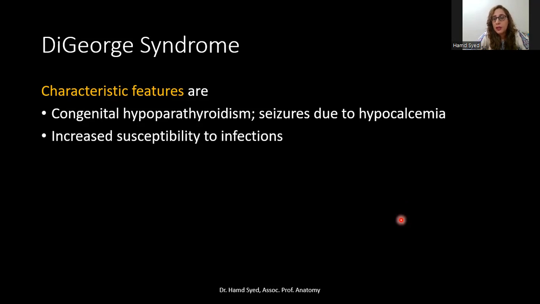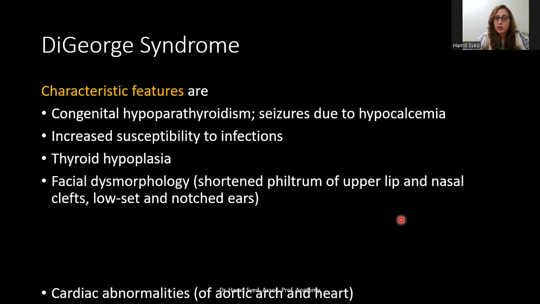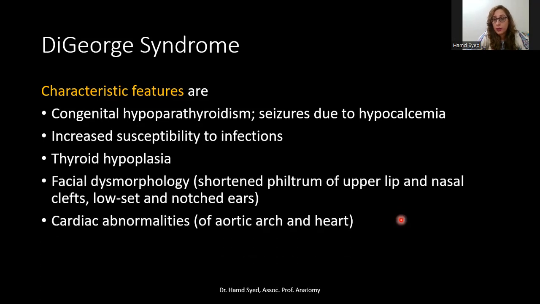Also, because the thymus gland is underdeveloped, this will affect the immunity and there will be increased susceptibility to infections. There is also thyroid hypoplasia, facial dysmorphology, and cardiac anomalies, because we are talking about the neural crest cells being affected. So neural crest cells contribute to endocardial cushions in the heart region. So cardiac abnormalities may also be there.